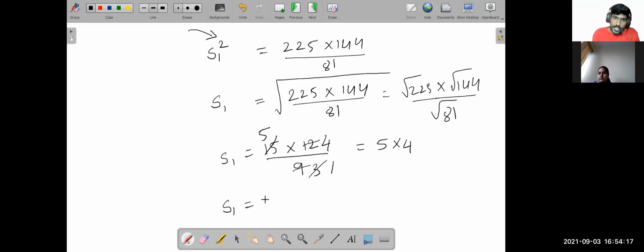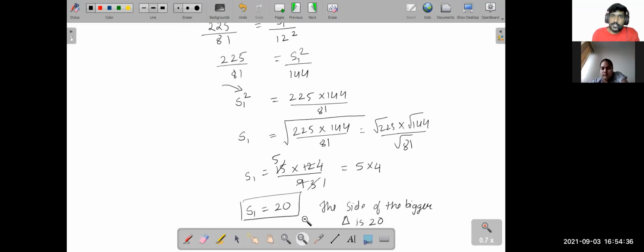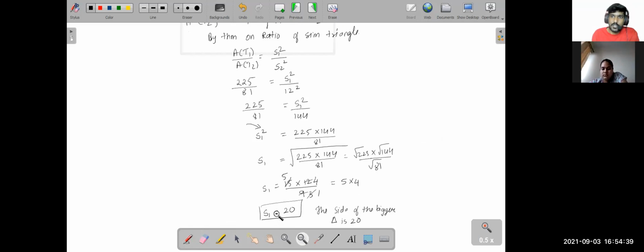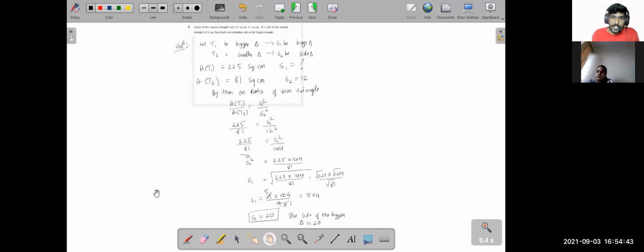So S1 is 20. Or we can say that the side of the bigger triangle is 20. Is this clear? Yes. Go through the sum and then write it down.